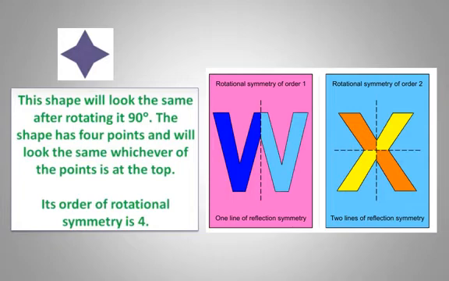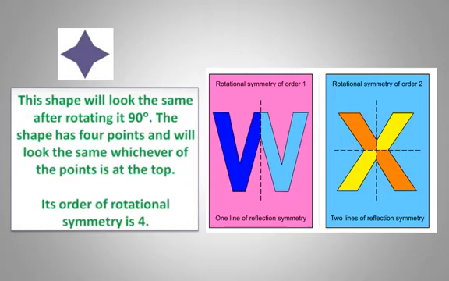Now, as we discussed the reflection symmetry of alphabets in our old lesson, some alphabets have rotational symmetry also. That I am going to explain here. You can see two letters here, W and X. First of all, you know how many lines of symmetry they have.